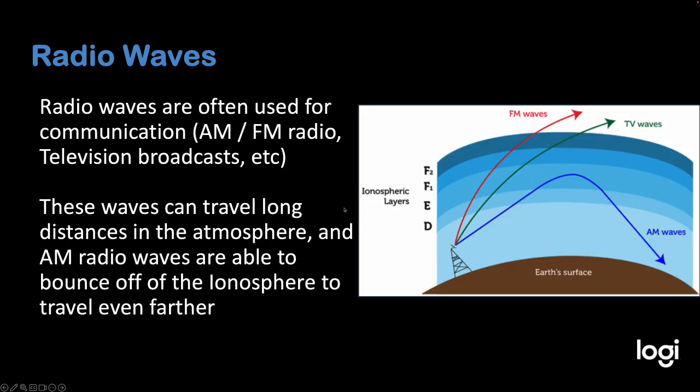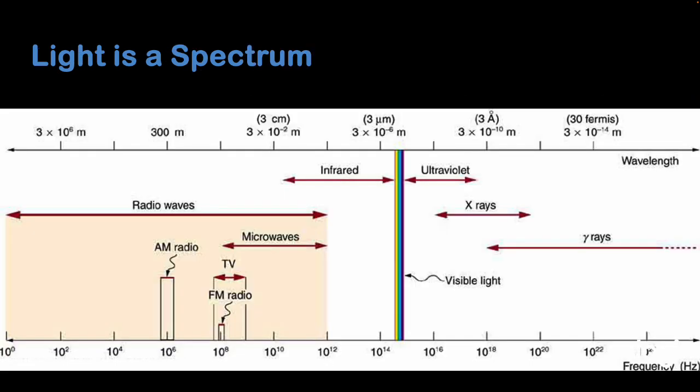We know radio waves from music broadcast, television broadcast, things like that. Of course, you might know AM versus FM. Those are actually different wavelengths associated with those broadcasts. If I go back here, you can see AM radio is actually a much longer wavelength than FM radio.